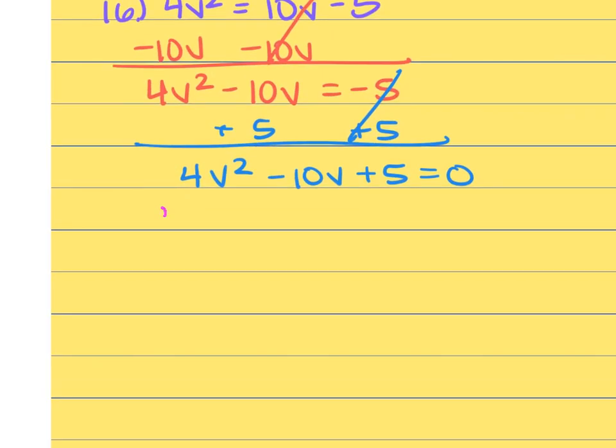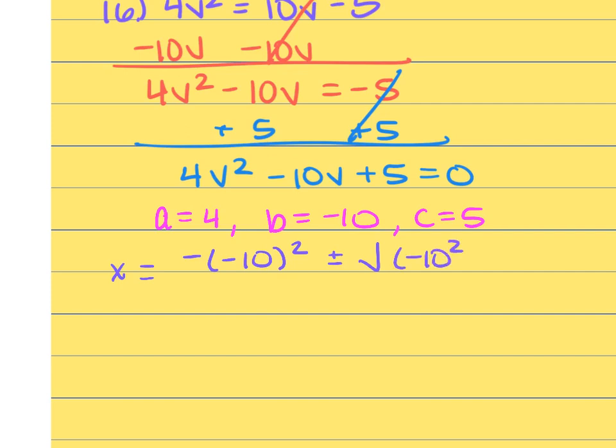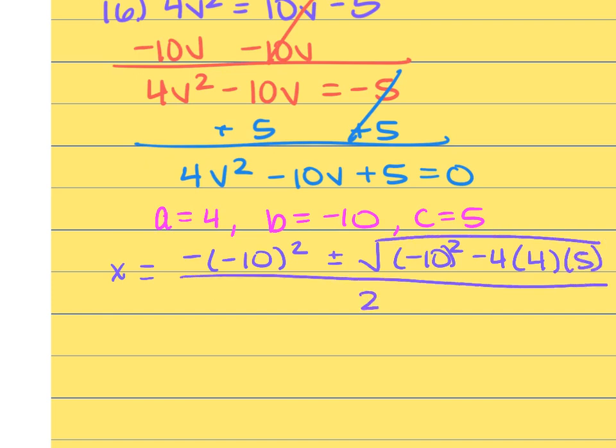Our a is 4, our b is negative 10, and our c is 5. So we plug these in. x is equal to negative times negative 10 plus or minus the square root of negative 10 squared minus 4 times 5 all over 2 times 4.